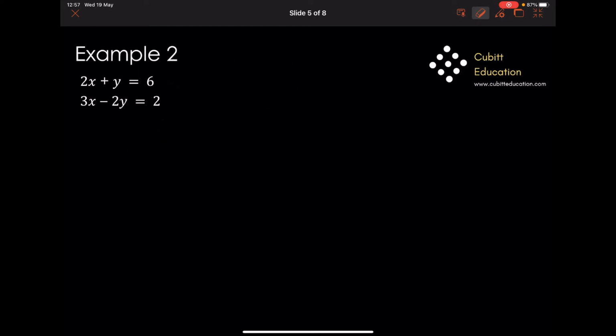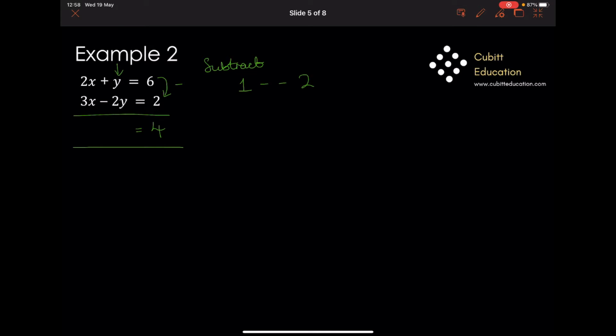What I'm going to do now is try and subtract them. 6 take away 2 is 4. And then here we've got y, or 1y, 1 minus 2y. I've written it like that so you can see that there's only one y, and we're taking away minus 2.